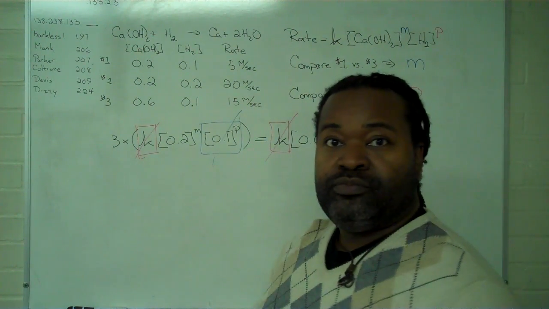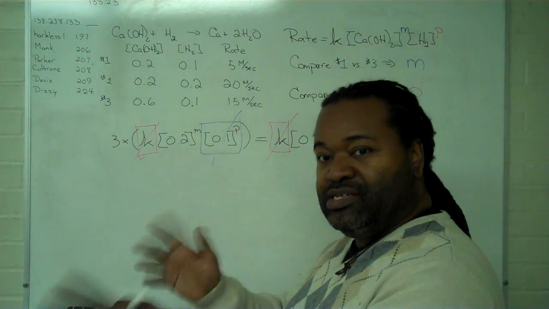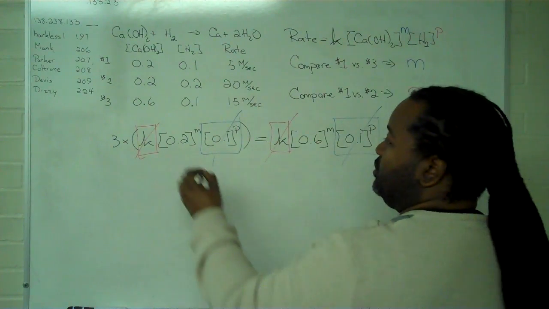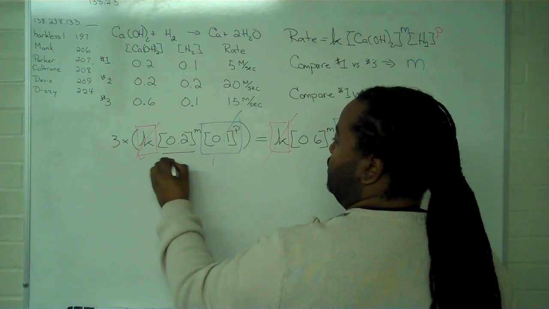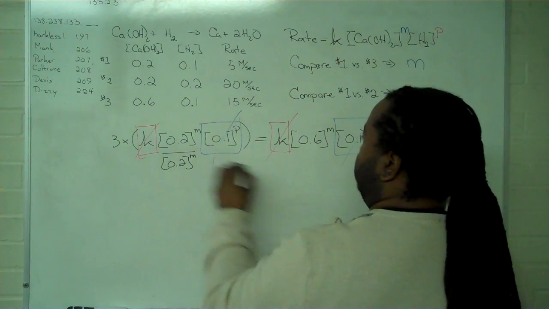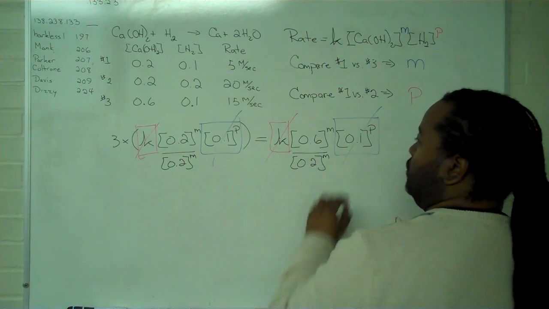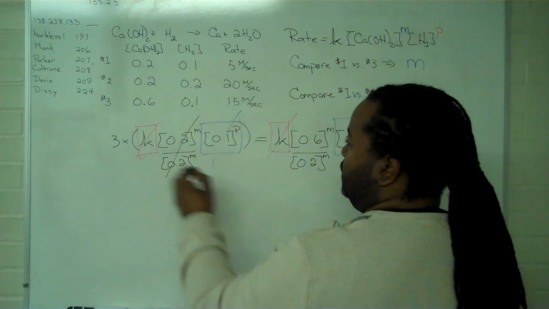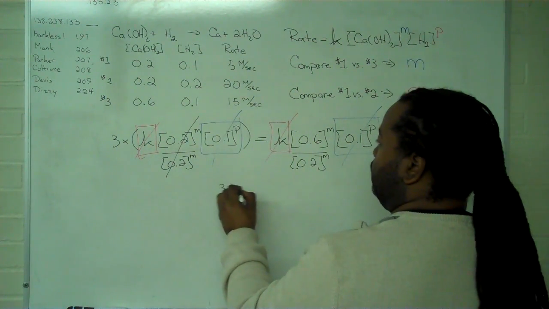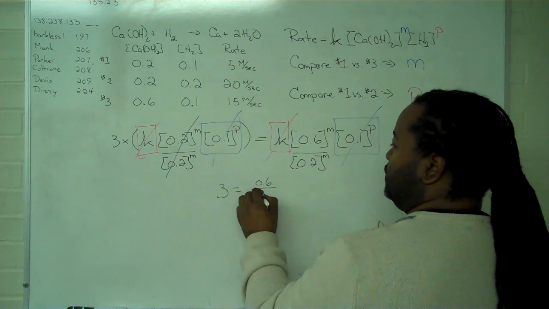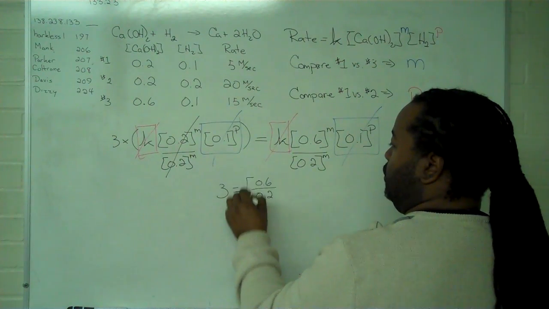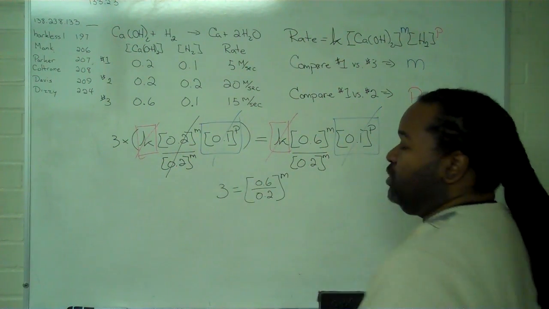And so now I want to get all of my numbers on one side and everything with my variables on the other. So I'm going to divide both sides by 0.2 raised to the m. That effectively cancels here, leaving me with 3 equals 0.6 over 0.2, all raised to the m power.